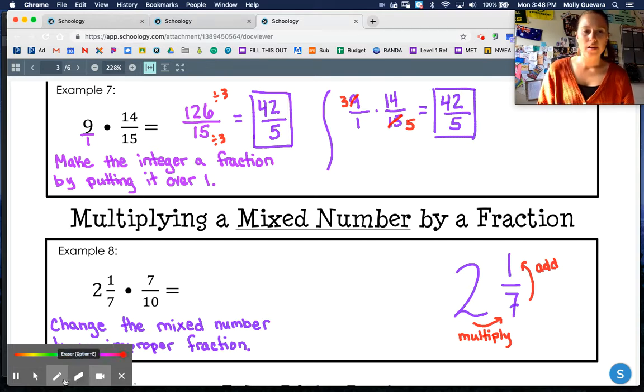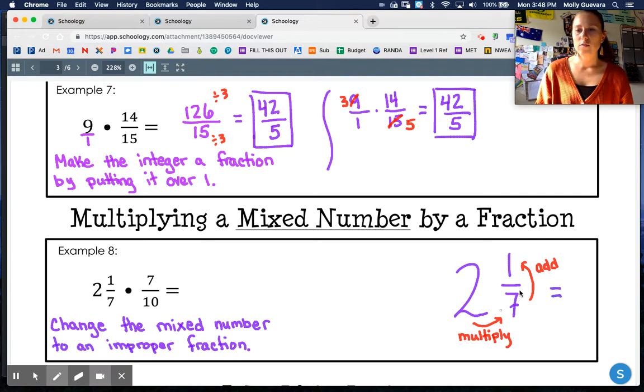Okay? So if we do this one, 2 times 7 is 14, right? 14 plus 1 is 15. So I get 15 over, and then your denominator just stays the same, 15 over 7.